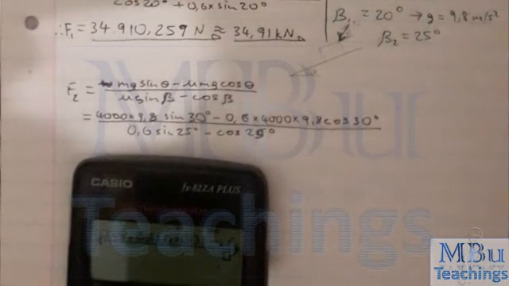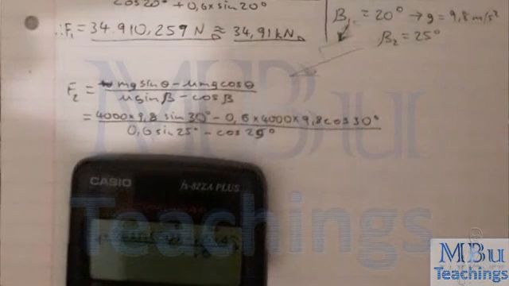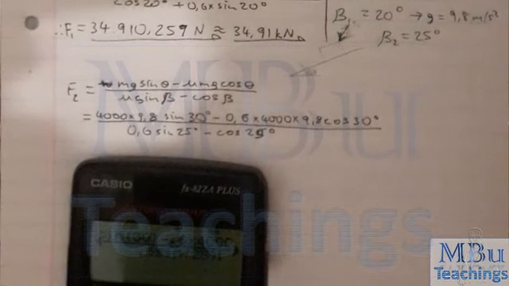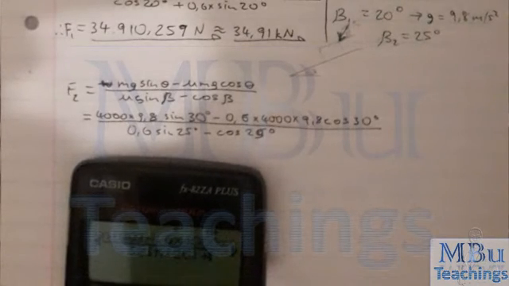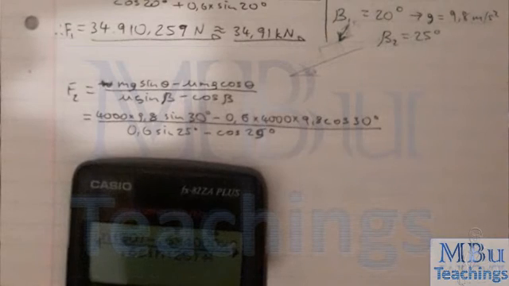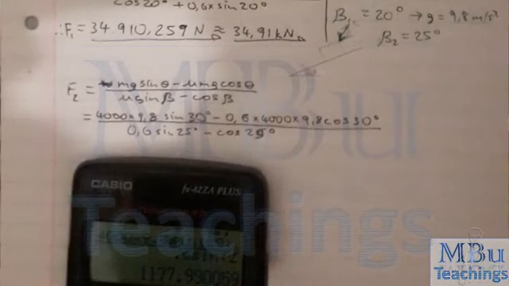Then we come to the denominator, 0.6 sin 25, close the brackets, plus negative cos 25, close the brackets.